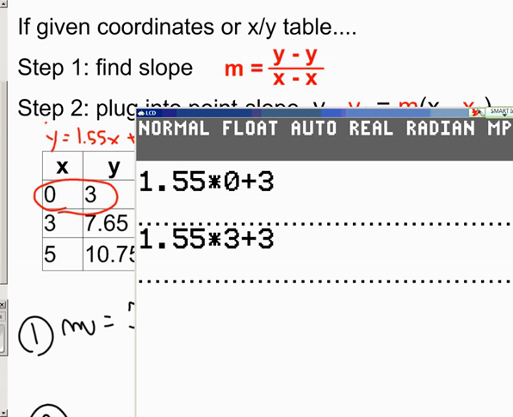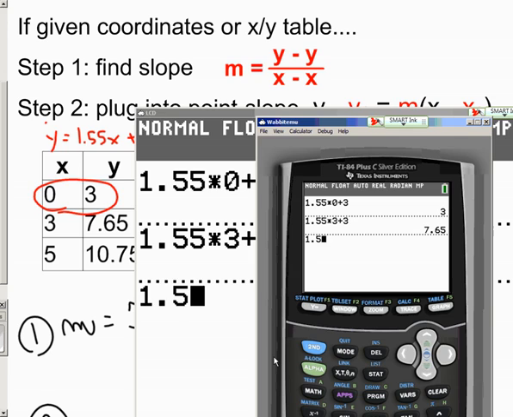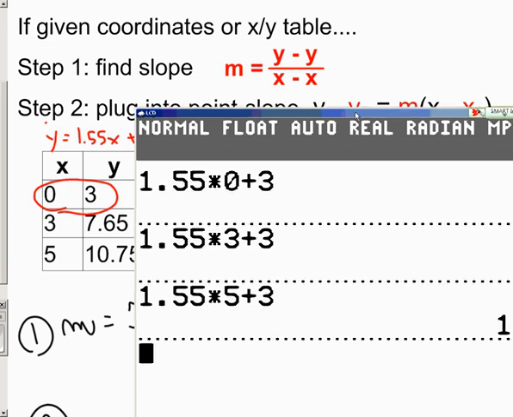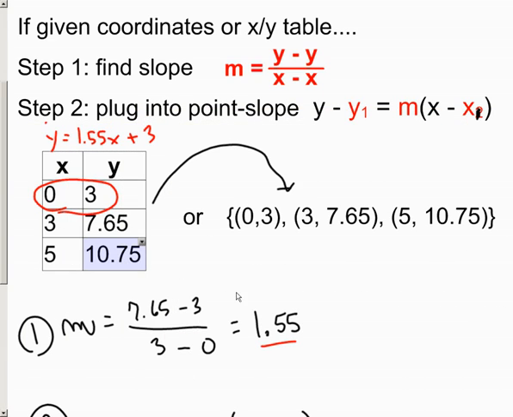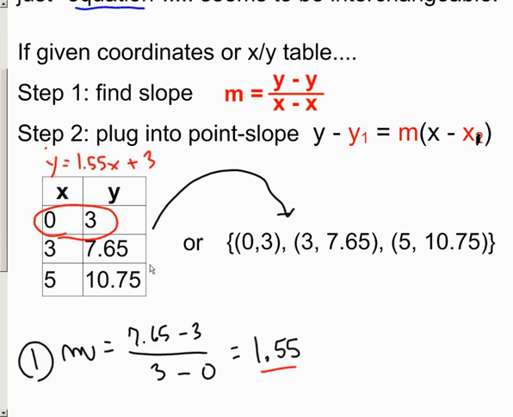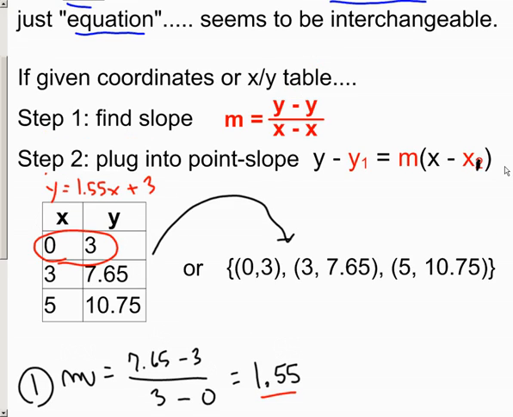If the input is 5, 1.55 times the input of 5 plus 3, we'll get an output of 10.75, which is what we're supposed to get. So this is indeed the equation for this function, or again, we could call it the rule for the function. So what do we do? Find the slope, plug it into point slope.